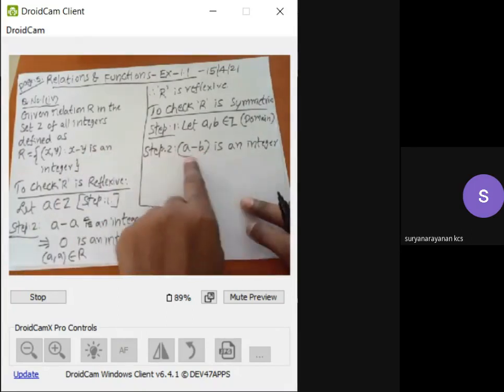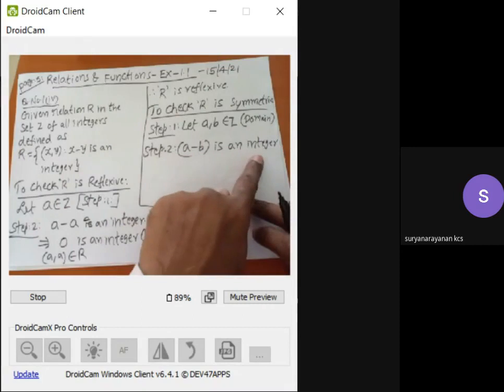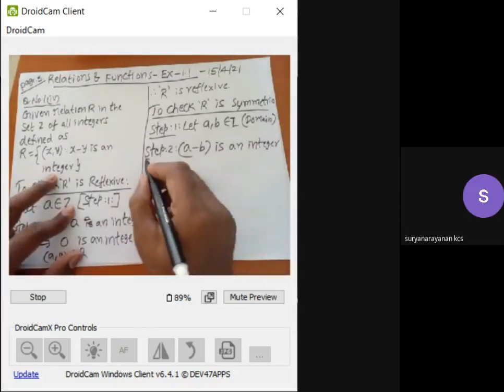Then we get this statement: a minus b is an integer. Okay, my dear children, got this step? Yes, sir. Now, step 3.